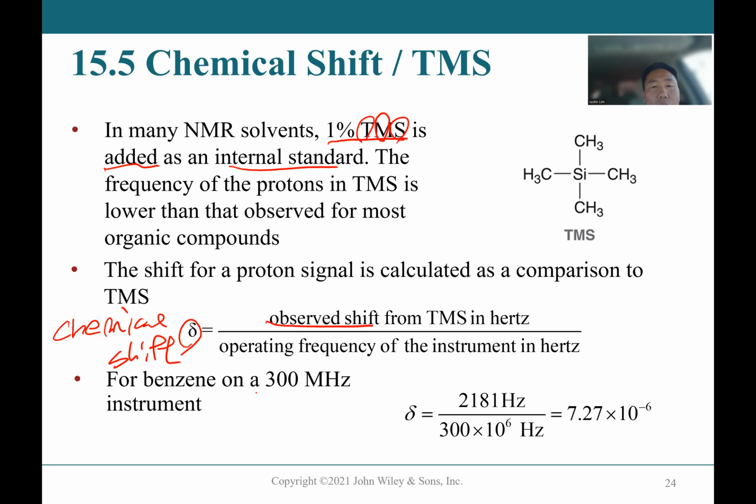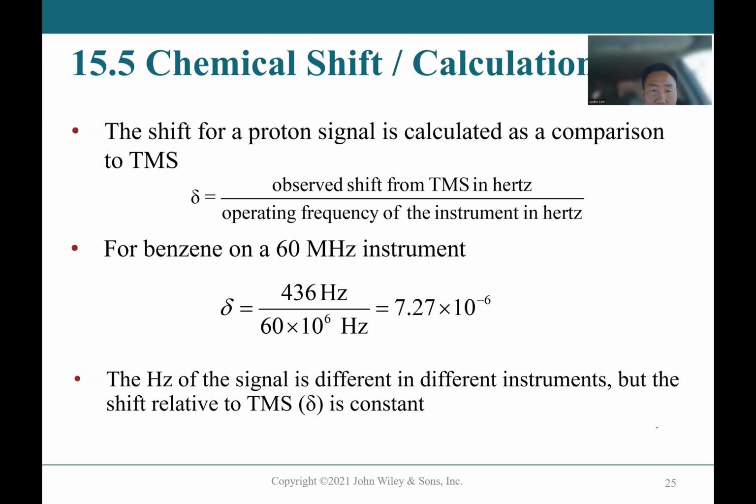So when you use a 300 megahertz instrument for benzene, we can calculate the chemical shift. So 300 mega means 10 to the 6 hertz, over, you can observe 2181 hertz. When you calculate, we can get 7.27 times 10 to the negative 6.